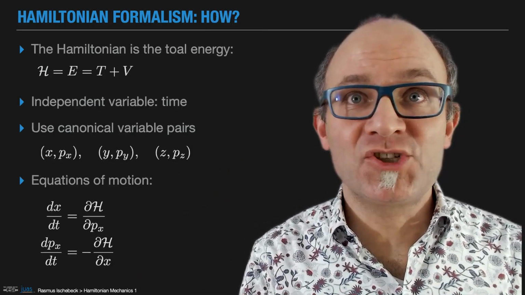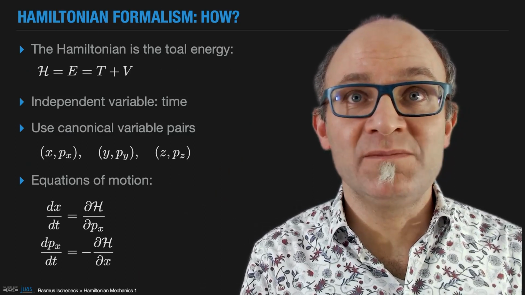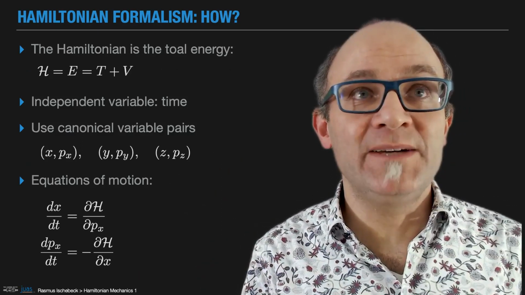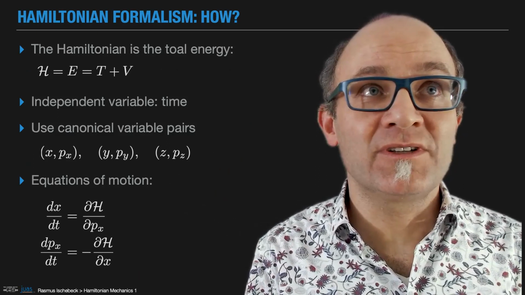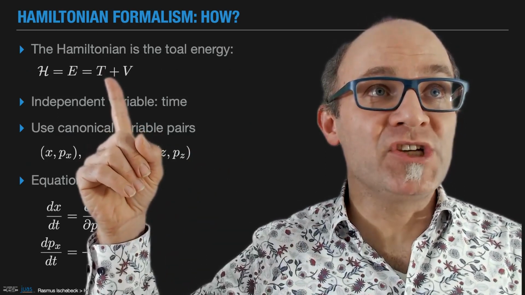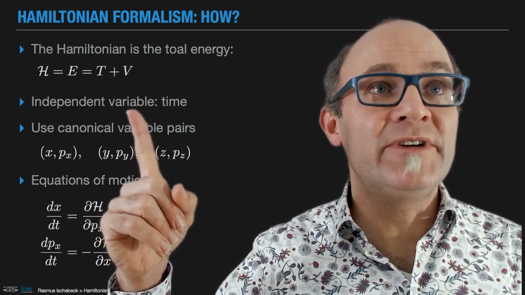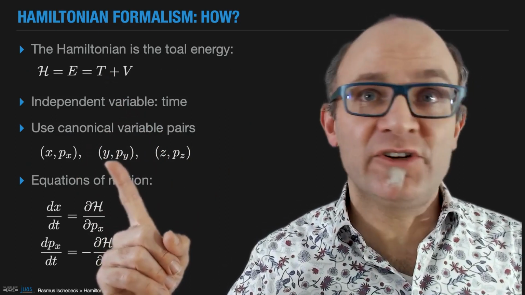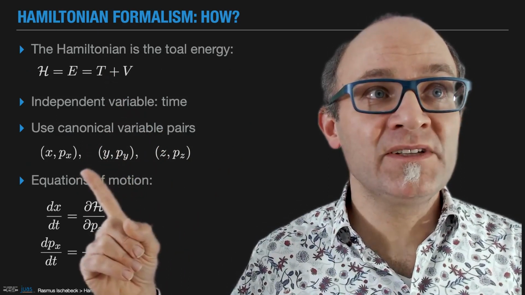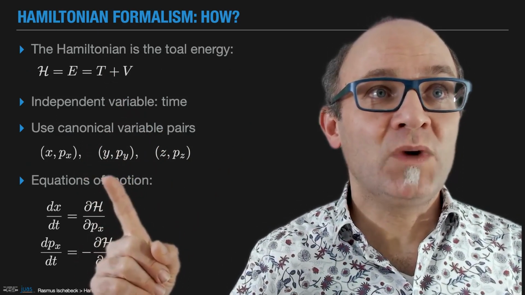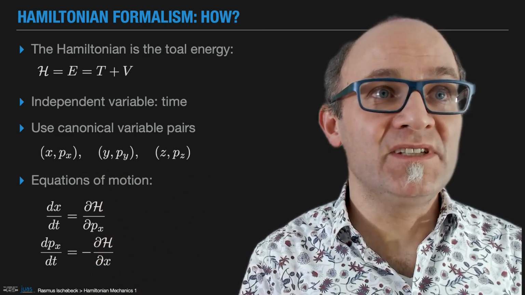Now, how do we actually do this? The Hamiltonian formalism is really already described on this slide here, which you saw before. The Hamiltonian is the total energy of the system. The independent variable is time. We start off with the canonical variable pairs, x, px, y, py, and z, pz.